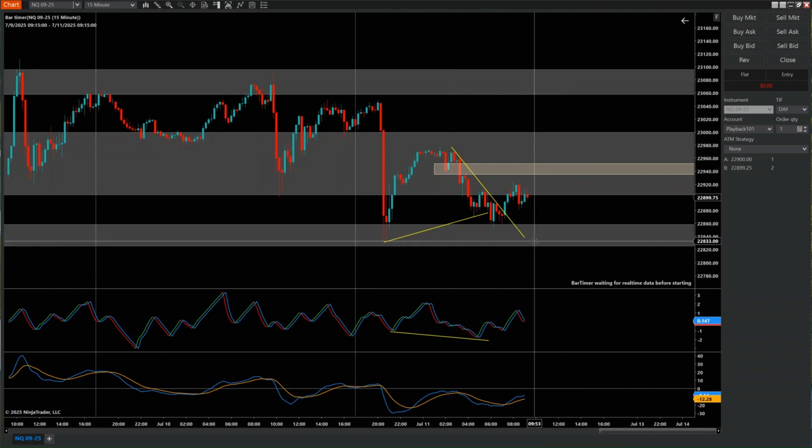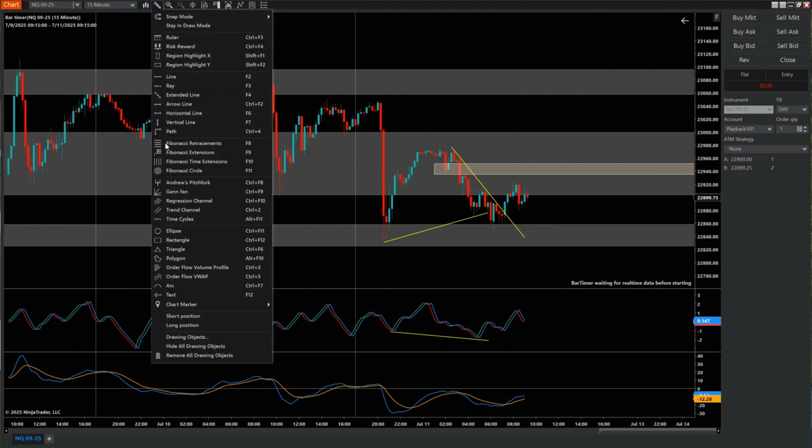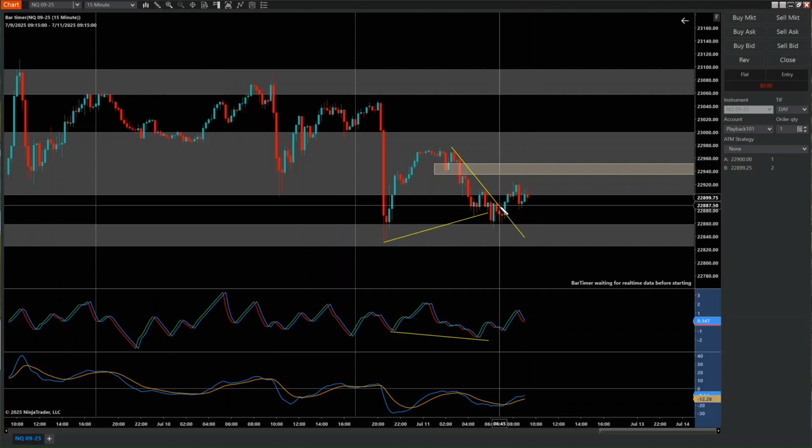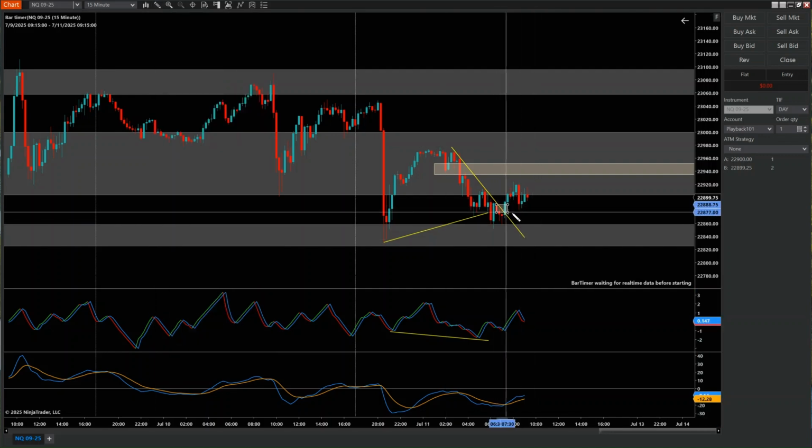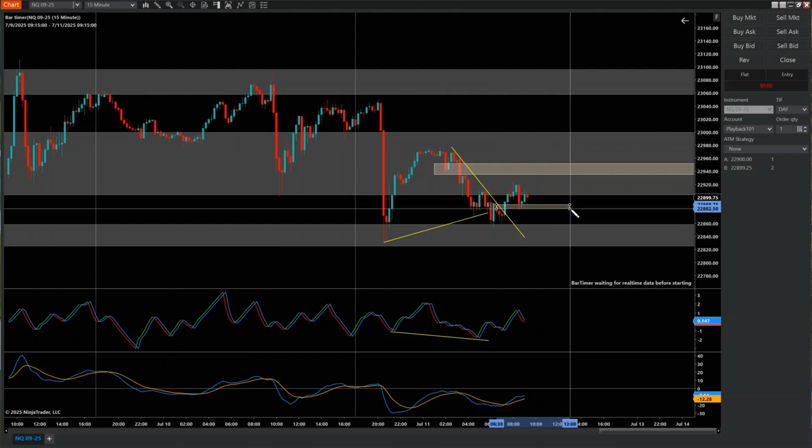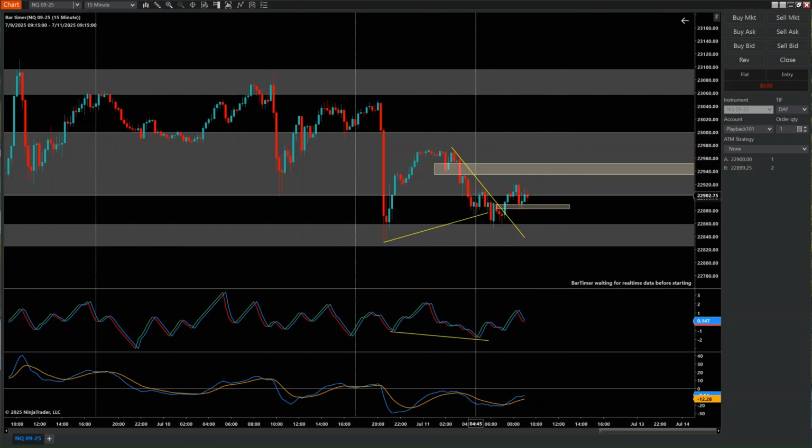So looking at the 15-minute chart at 9:15, guys, this is one of my favorite setups. It looks like a DVG setup, a divergent gap setup right here. We've got divergence, we've got a trend line break, created a fair value gap. We've got price retesting that gap and moving out.